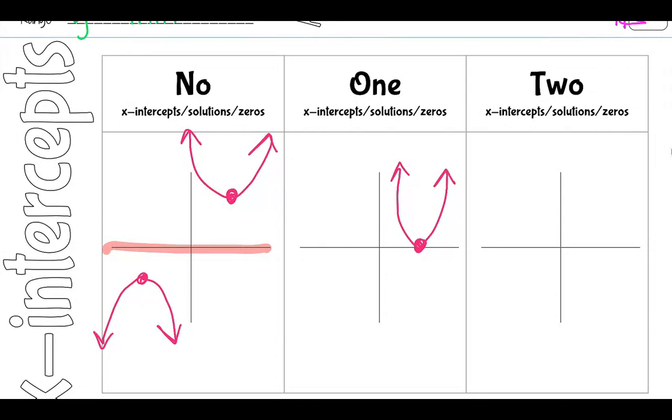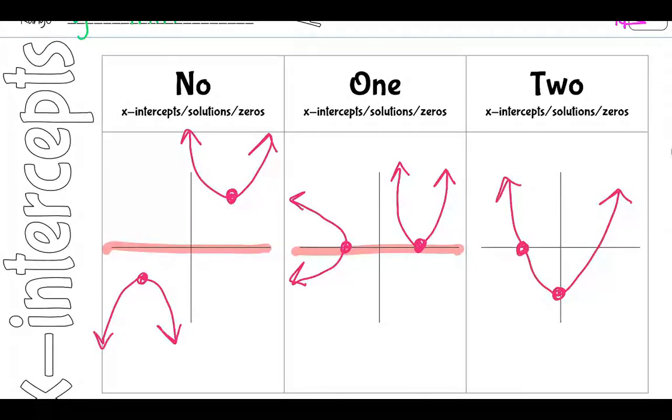It could also be opened sideways, going that way, right? It's only touching it one time. So there's only one spot that it touches that red line. Two is like what we had on the front. So you've got a parabola either up or down, and there's two places where it crosses that red line.